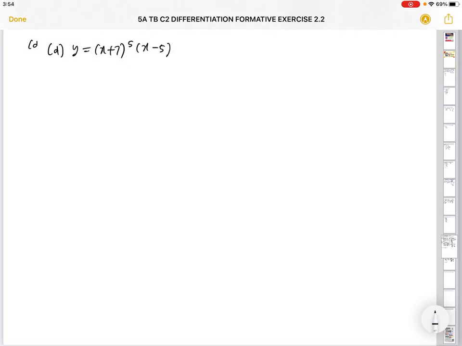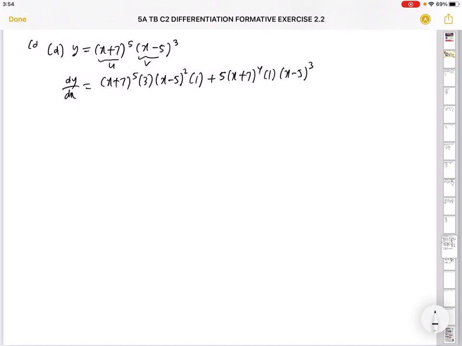So this is now my u, this is now my v, dy/dx. We copy u, differentiate v, bring the power down, copy the bracket, reduce the power by 1, differentiate inside. Remember to differentiate inside the bracket, although here when you differentiate x it's just 1. Then I differentiate u, bring the power down, copy the bracket, reduce the power by 1, differentiate inside, and I copy my v.